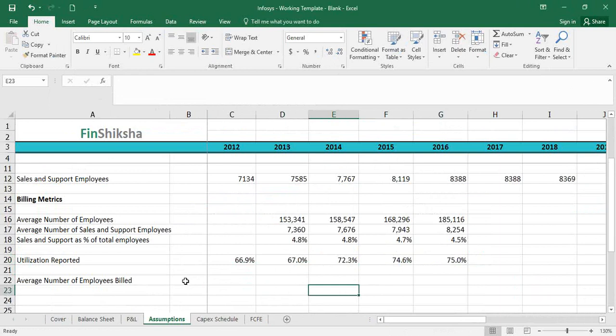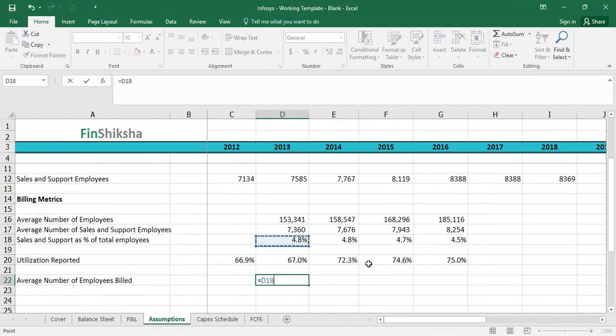We are assuming that this is the same firm-wide, right? So the average number of employees billed is 67% multiplied by the total number of employees minus the sales and support guys, right? We'll repeat it. What we are saying is that the average number of employees billed is the utilization rate multiplied by employees who can get billed, which means the sales and support guys are never getting billed.